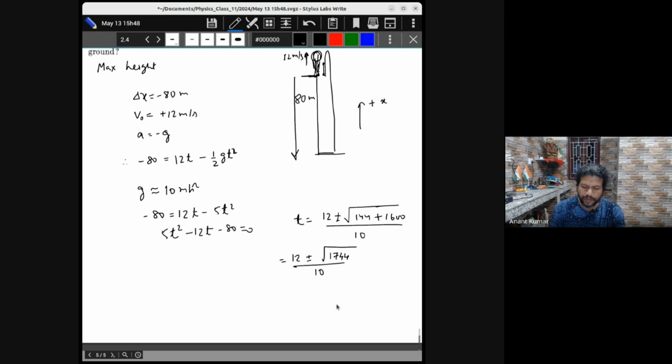Yes, 41.76 approximately. If I consider this around 41.76, right?